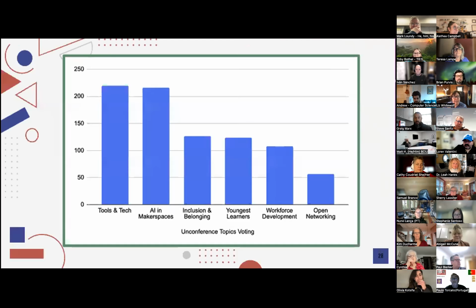We've got tools and technology plus recommendations, AI in makerspaces, inclusion and belonging, and we're also going to do the youngest learners. So we're actually going to do 4 unconference discussions. These will run concurrently with the next 3 sessions, so you can self-select, just like any other breakout session.